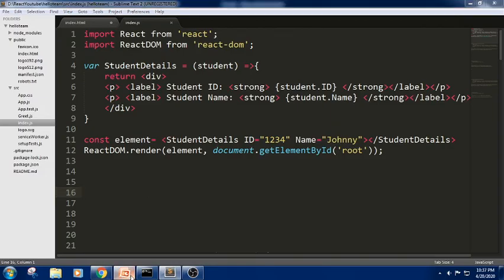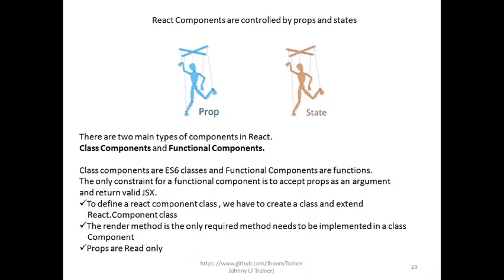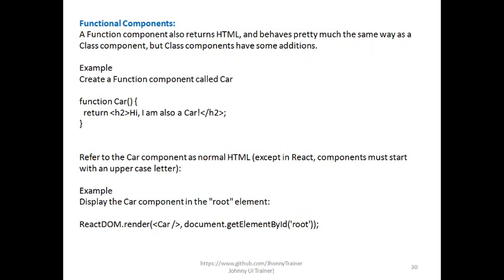Now let us look into the presentation part so that we can understand it much more clearly. Here we have started with the function component. Here the component name is car. Always remember, the component name should be written in caps. And we are trying to display this car component in the root element. We can write this car here, followed by where it needs to be displayed.